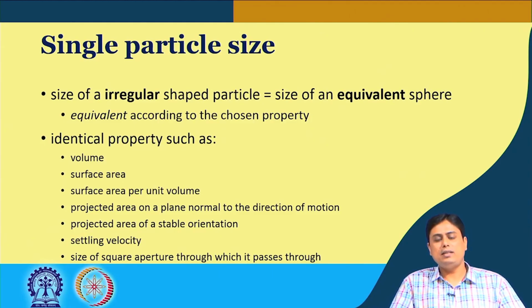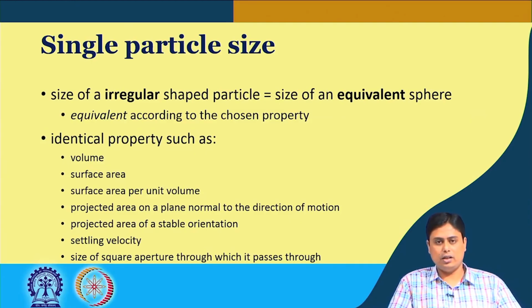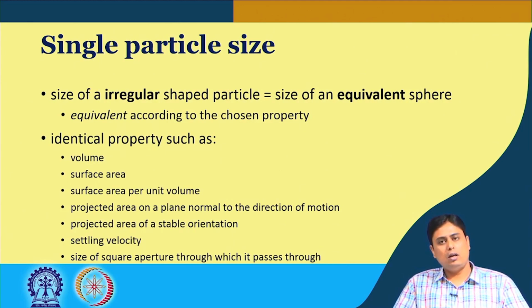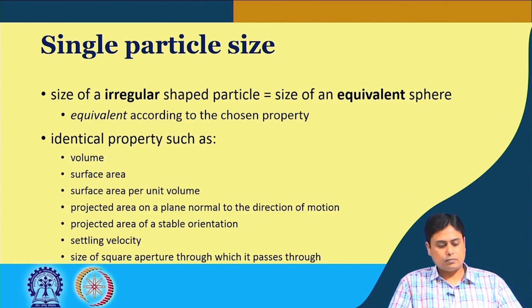So, size can be easily determined by a single dimension because of its symmetry. It brings a great deal of simplicity if we can find some kind of property equivalence with the sphere when we are looking into a particular solid particle.